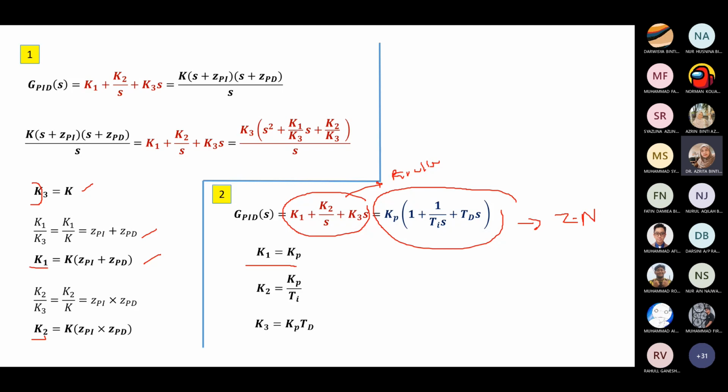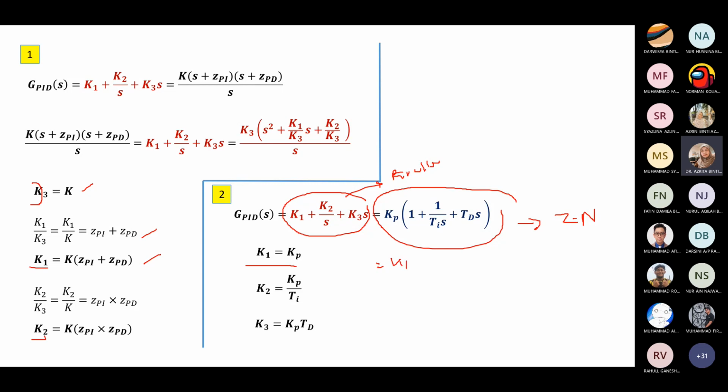Okay, so from here we can conclude that the value of K1 or Kp for the parallel form or real implementation is actually equal to the value of Kp. And K2 is equal to Kp over Ti, and K3 is equal to Kp multiplied with Td. Okay, we expand this equation.